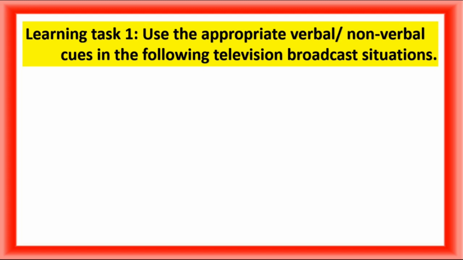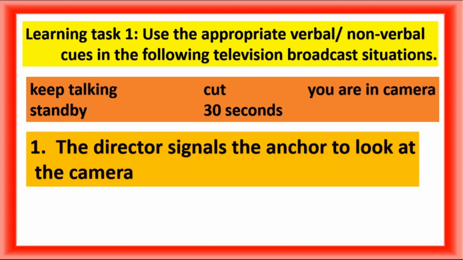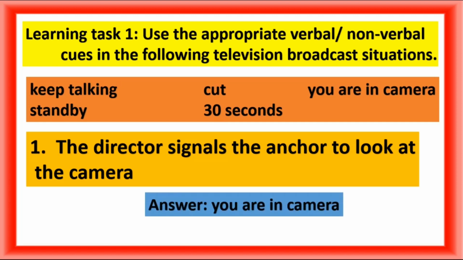Learning Task 1. Use the appropriate verbal or nonverbal cues in the following television broadcast situations. Number 1. The director signals the anchor to look at the camera. The answer would be, you are in camera.